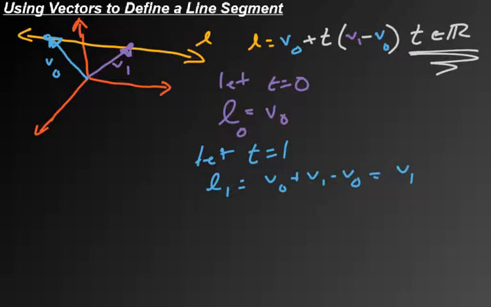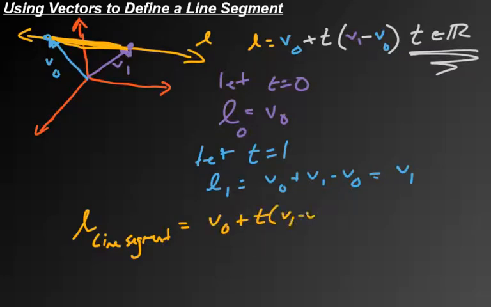So say you want to define a line segment between V0 and V1, then you can define the line segment as V0 plus t times V1 minus V0, but only let t be part of the interval from 0 to 1, inclusive.